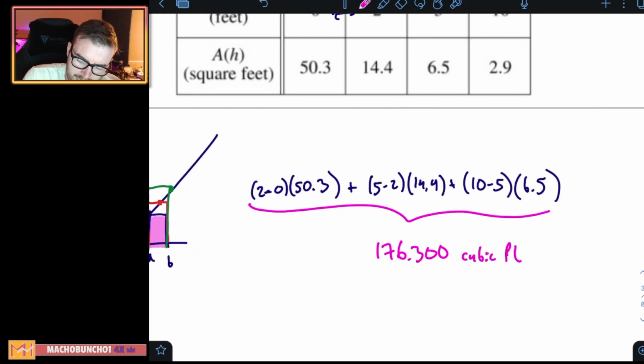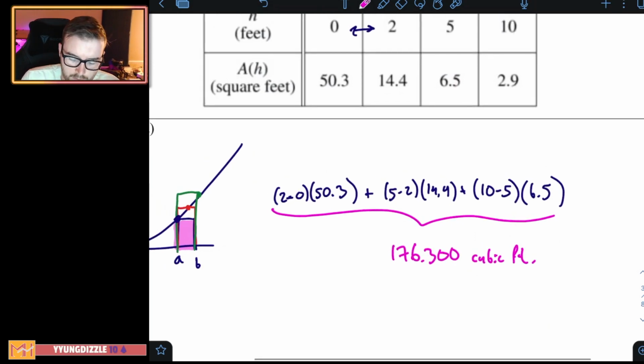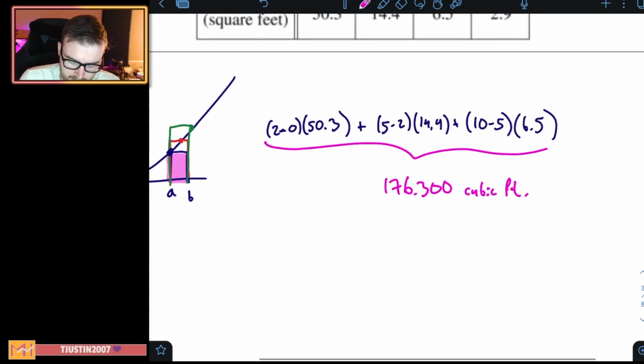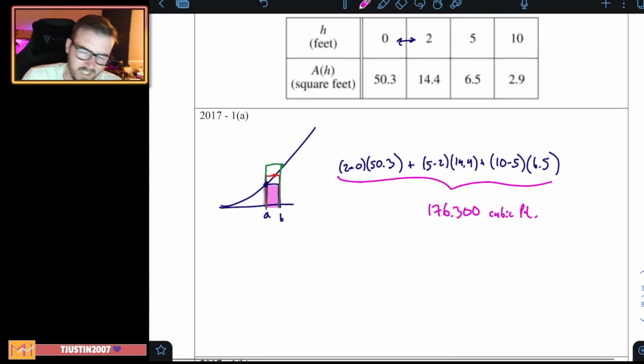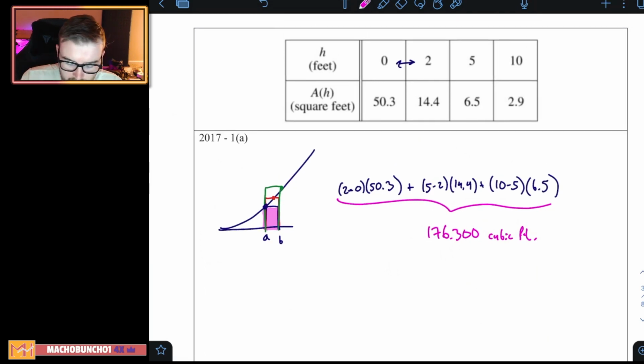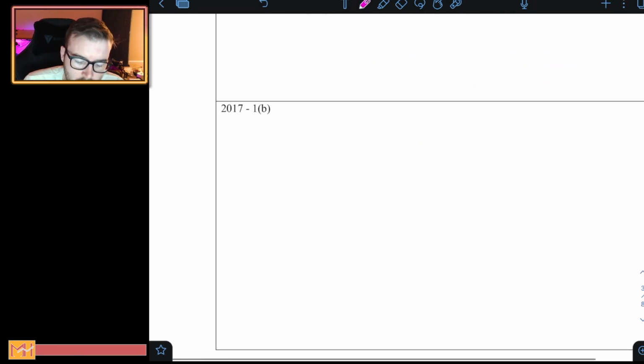I don't think you're obligated to punch that in since it's just numbers, but maybe because it's just numbers, it's wise to do so. I can double check on that later. Okay, so there's that. I hope that makes a lot of sense there. Imagining those rectangles, width, height, width, height. All right. Part B.